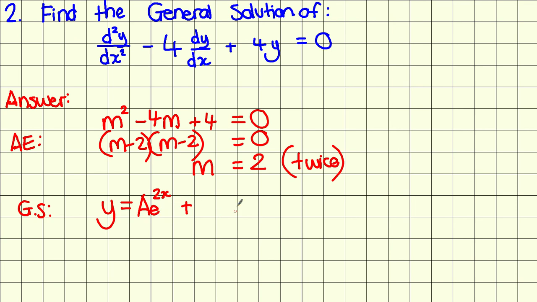So what we're going to do is we're just going to fire in a wee x term here, but still do the B e to the 2x, but just multiply that by x there, right? You just need to remember these. Okay, so that's what we do when we've got a repeated term. You still do A e to 2x blah blah blah, but you stick a wee x in there. Okay, right. Third example, and then I'll put up a summary page of what to do in each situation.